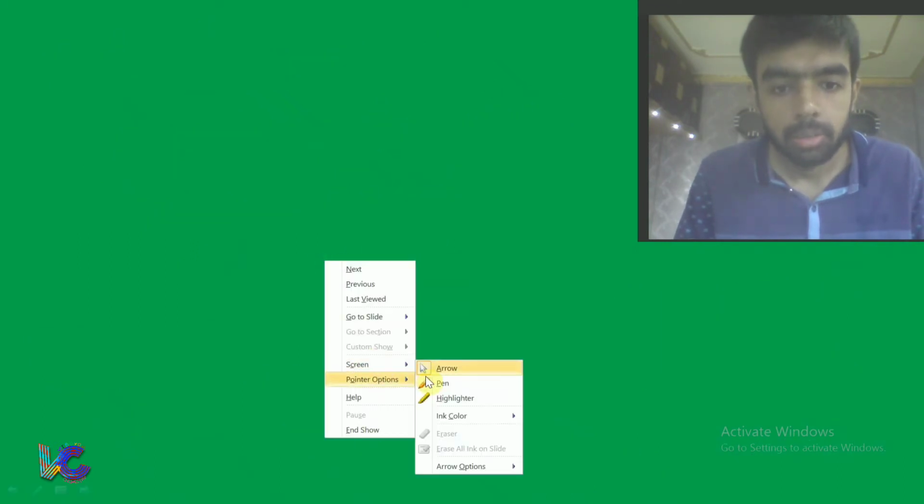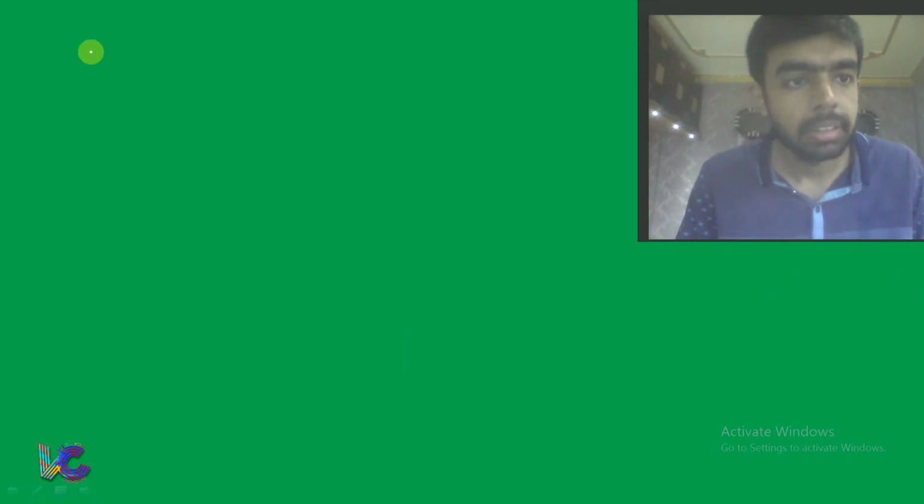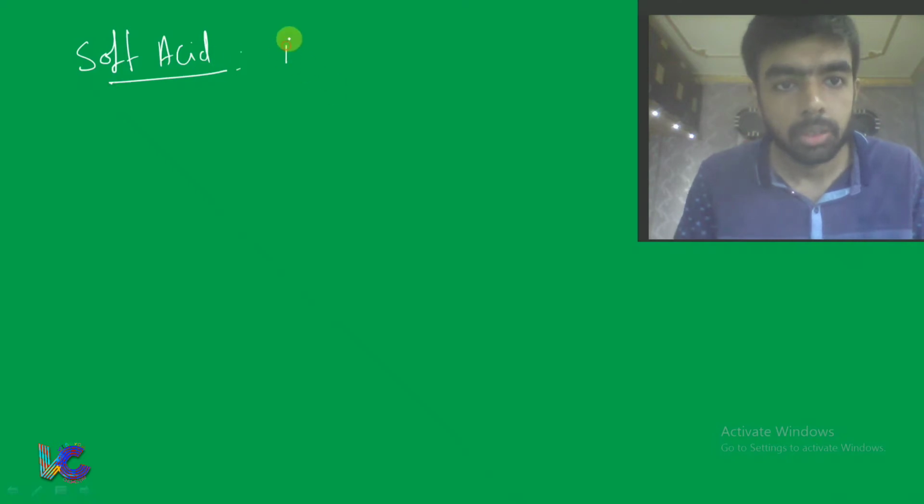Now next, move into the soft acid category. Acid means it is also an acceptor atom, but it is soft.